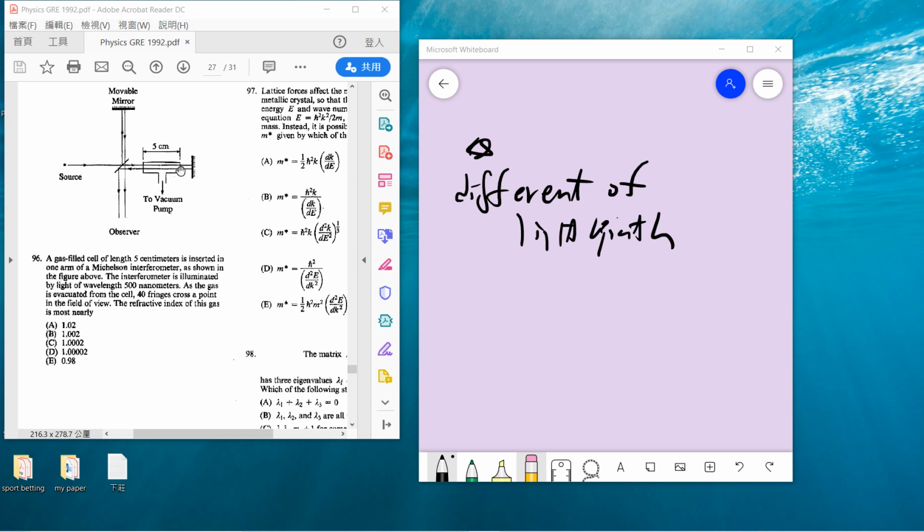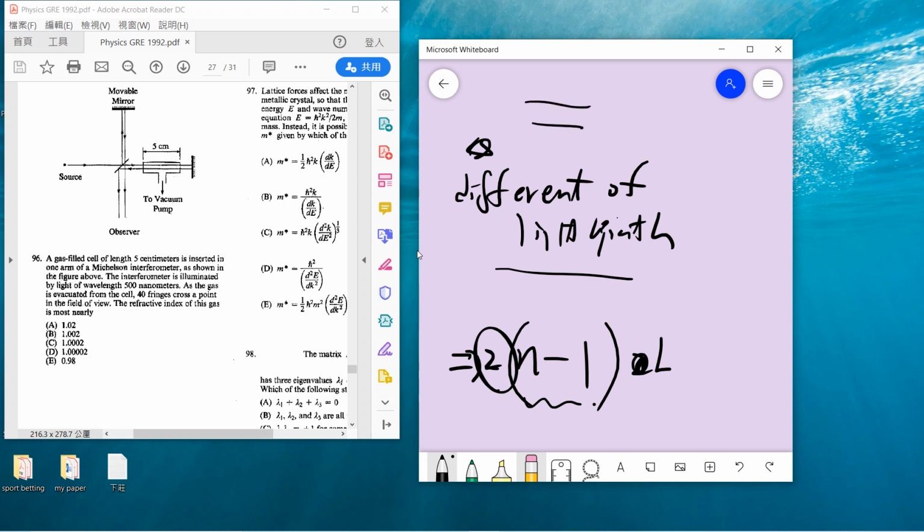The light will travel longer in the gas, which gives different light paths for the horizontal and the vertical arms. So here comes the key point: your index n minus 1 times the length, and the length is the chamber times 2. Why 2? Because the light goes in and out, so there's 2. So this is the light path.